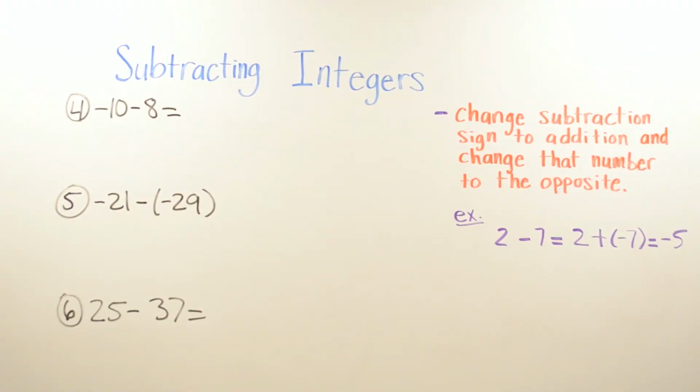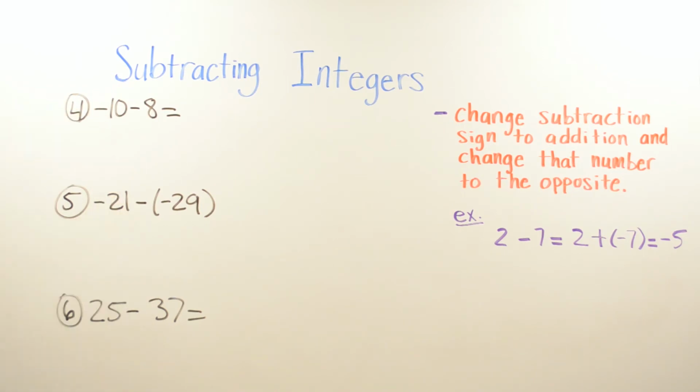For the next 3 problems, try to pause the video, challenge yourself, and try to solve them before I solve them for you. Do the other first 3 examples, and then press play and see if you got the same answers, and if not, where you made your mistakes, so that way you can correct them and get better at subtracting integers. Okay.